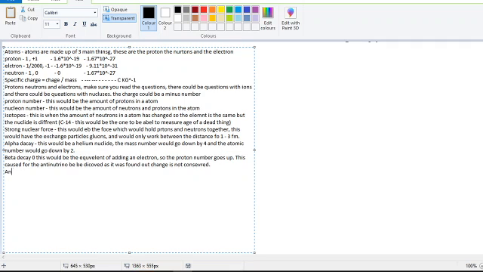So, antiparticles. The antiparticles are the positron, the anti-proton, the anti-electron, the anti-neutron, and obviously the neutrino and the anti-neutrino.